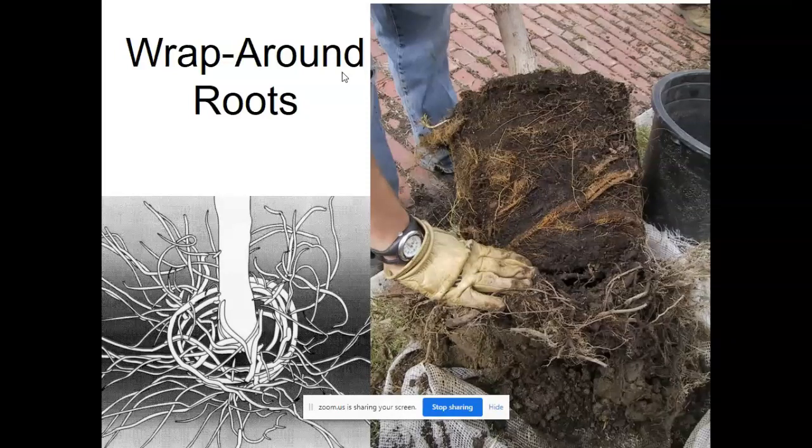Otherwise, this poor little guy is going to strangle itself as it starts to grow. So again, another planting predicament is people not paying attention to this when they put them in the ground. It's a really small thing that you can do that's going to have a super lasting impact on that tree's vigor in the future.